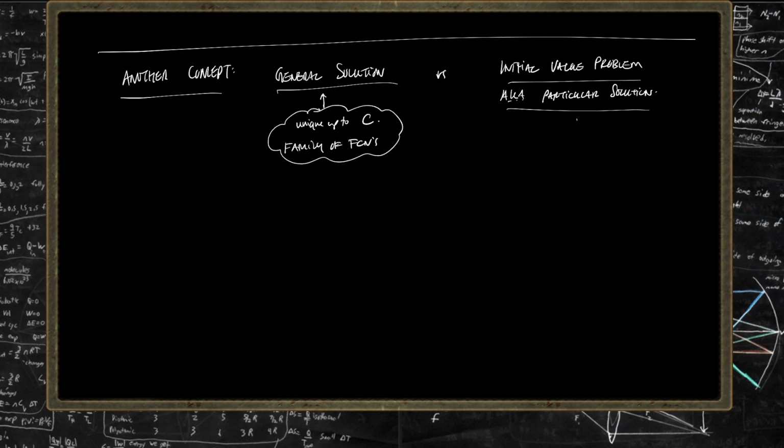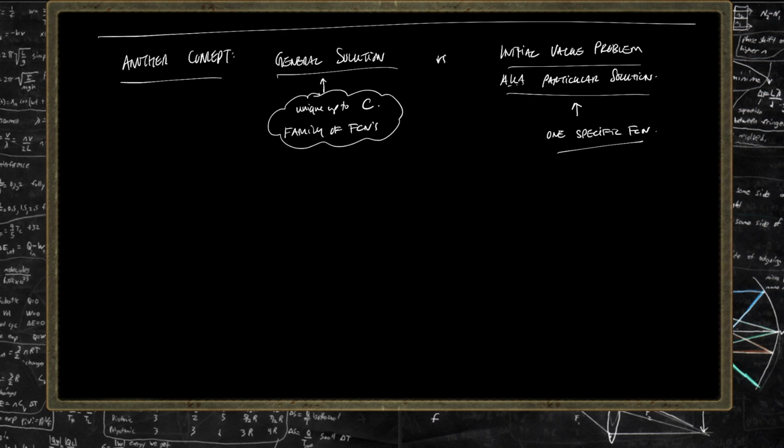Whereas for an initial value problem, this is one specific function. An initial value problem means I've given you a point, a value pair, which fixes the problem. So for a general solution, I just gave you an example for y prime equals ky.